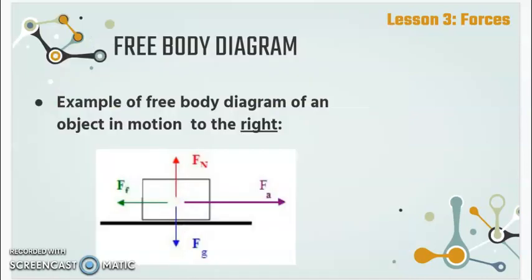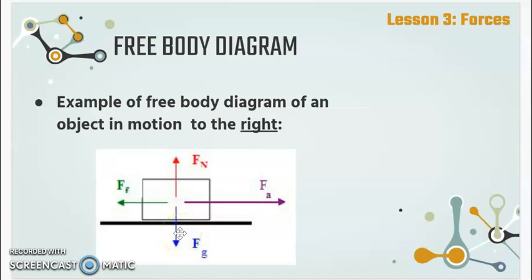Here I've got an example of a free body diagram. This is just a box on a table, and we can see a few forces in action. We've got the force of gravity pulling down. We've got the normal force, the table pushing back up on the box. We have the force of friction that is creating resistance to motion, and then we have this applied force that is extending towards the right. Here the normal force and the force of gravity are the same magnitude, right?